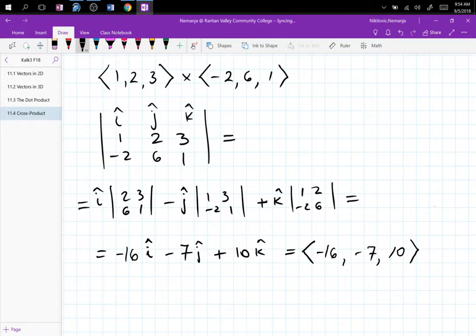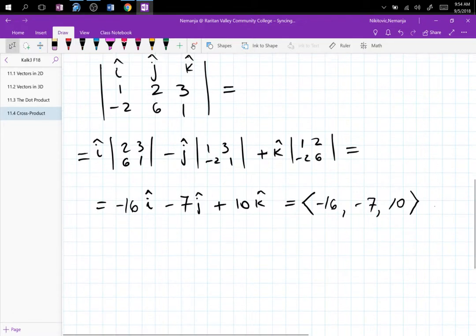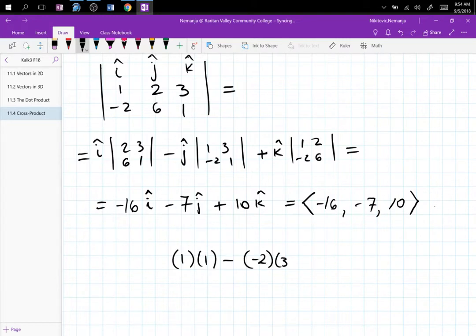Yes? Shouldn't it be positive 7 and then positive 18 for the other parts? We have 1 times 1 minus negative 2 times 3, and then all of that with a negative j in front, right? So it is negative 7.